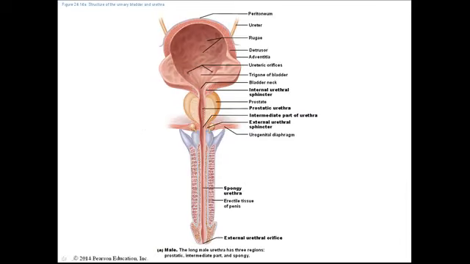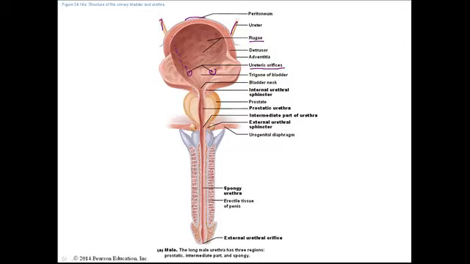So here's our bladder. Here are our ureters entering posteriorly, and then they enter here at the ureteric orifices. There are rugae on the wall here.